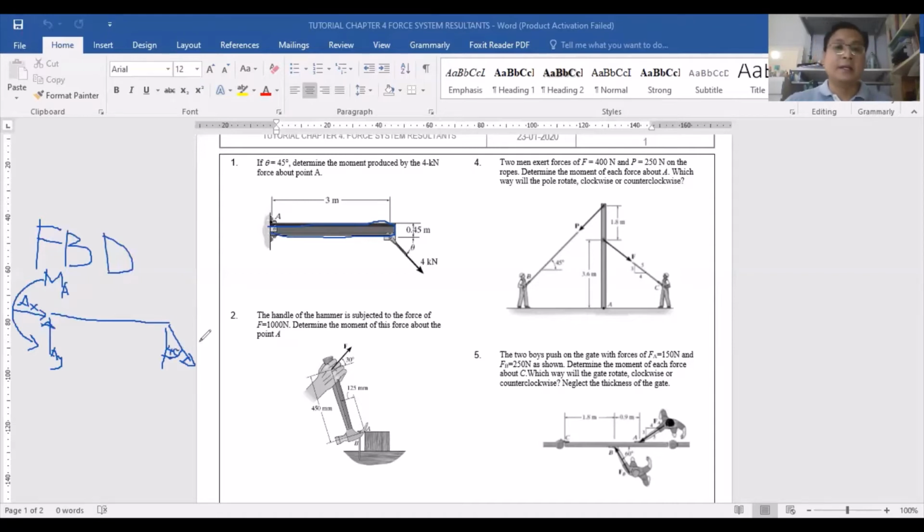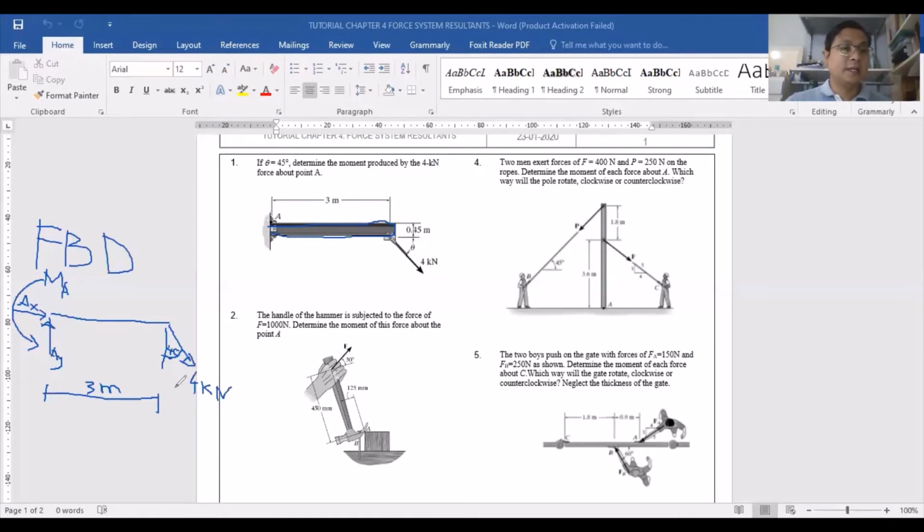Okay, now back to the question. Determine the moment produced by the 4 kilonewton force. Here the distance is 3 meters. We can implement the 4 kilonewton by each direction of x.